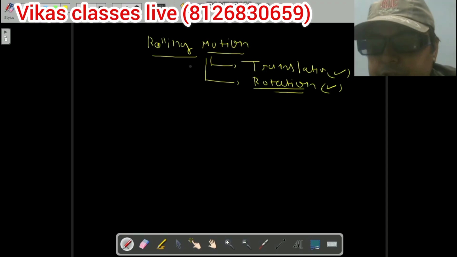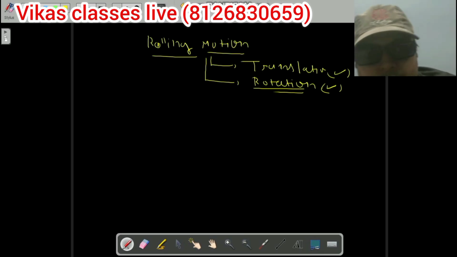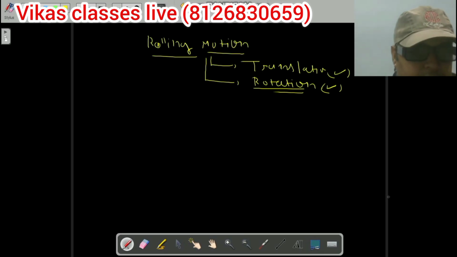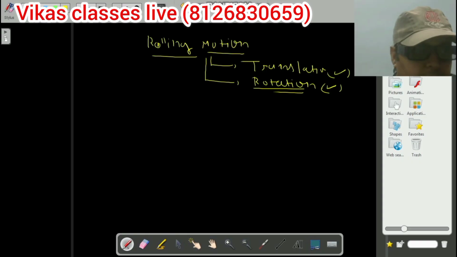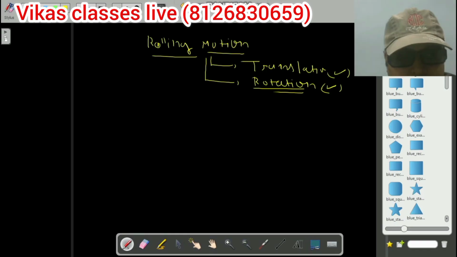In order to cover rotation, again we are going to take a figure. Where is the figure? Let me search. In order to discuss pure rotation, we need a circular disc.